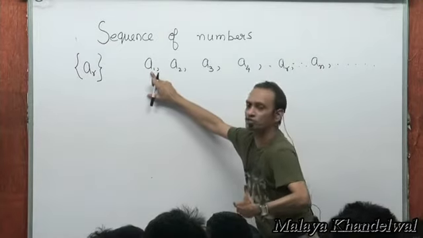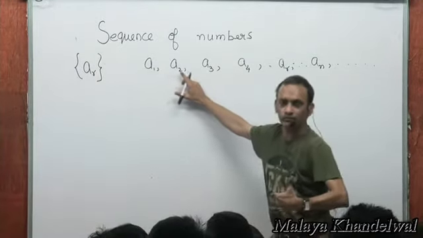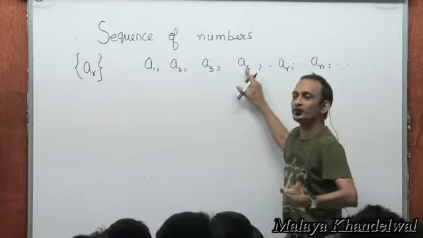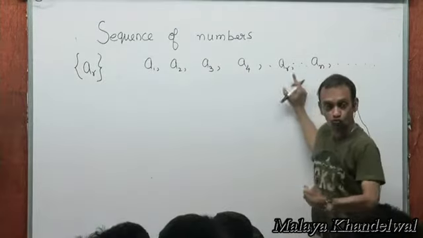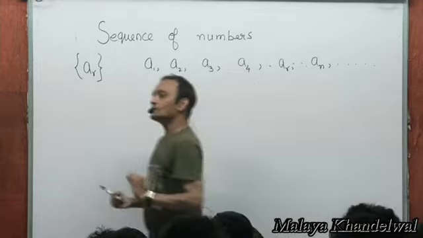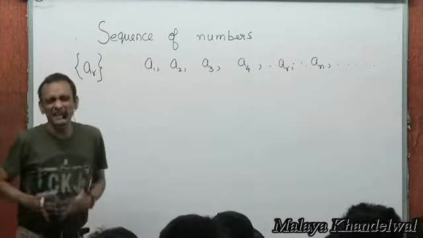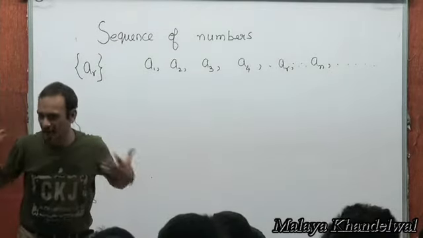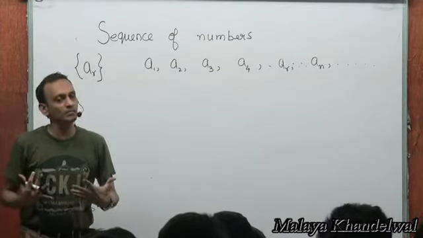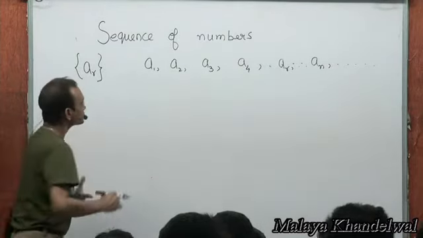AR, when it floats, it could be A1, it could be A2, it could be A3, and so on and so forth. So, if these numbers are referred to as some AR, the generic way these numbers are looked upon is AR.